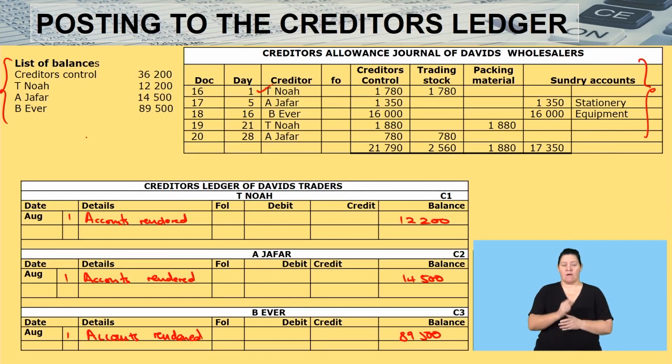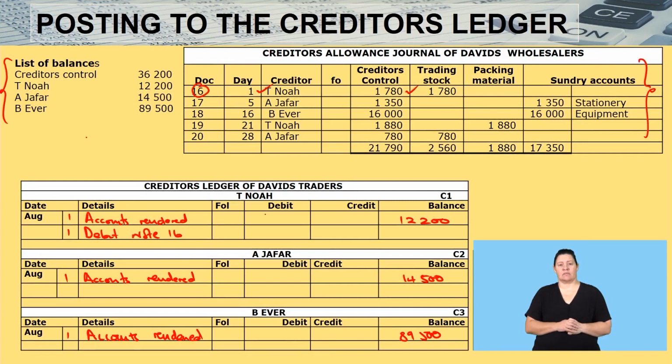On the first day, we have T Noah, and the amount is 1,780. So we're coming to T Noah. We're going to say on the first, and we're going to have a debit note. Here is my debit note, and the debit note number, you see the number here, 16.